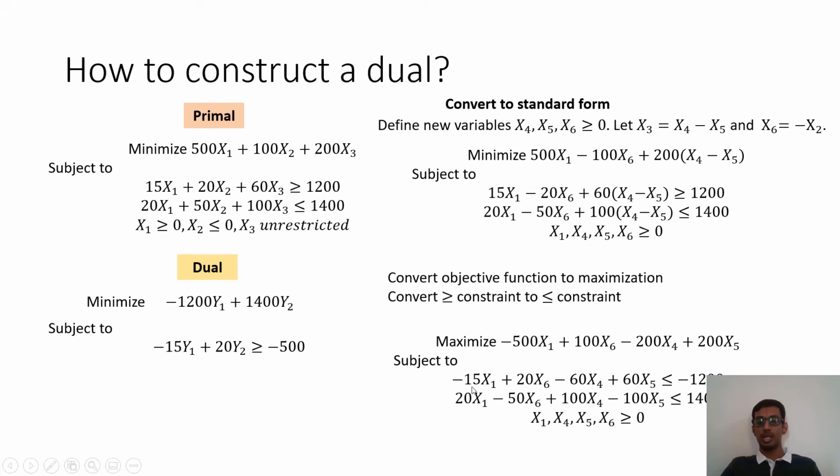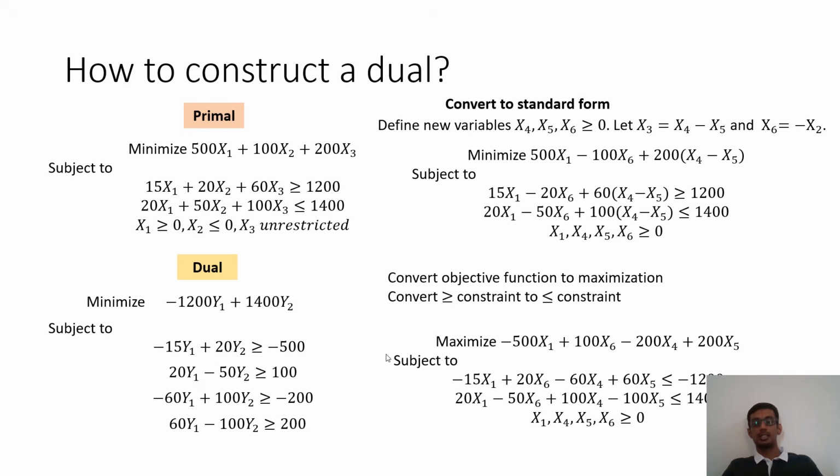Minus 15 y1 plus 20 y2 greater than or equal to minus 500. Similarly, you have it corresponding to the other three variables. And this is how the dual will look like, right? This is how you construct the dual. The variables are said to be non-negative.